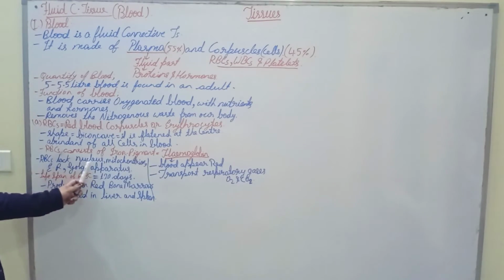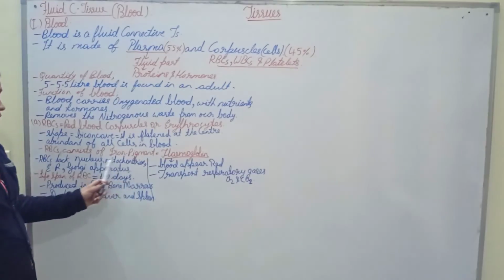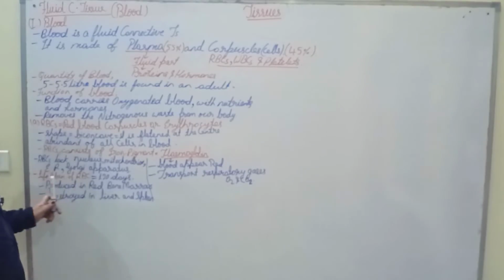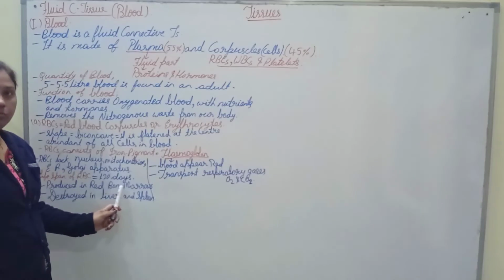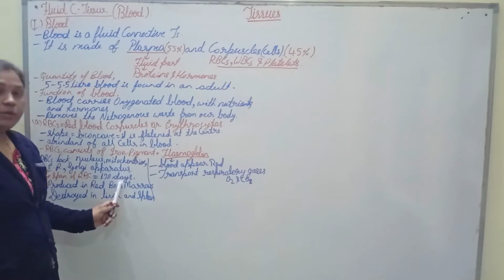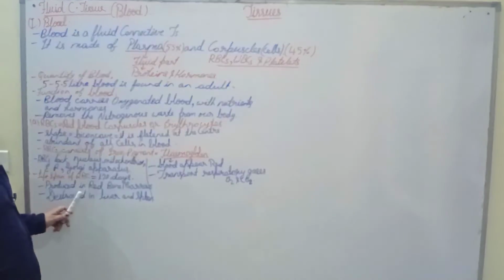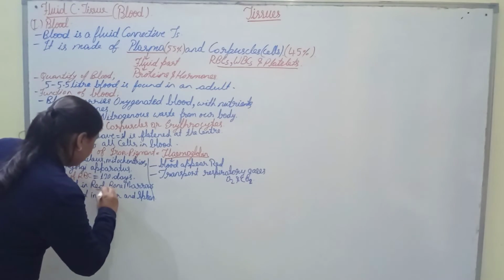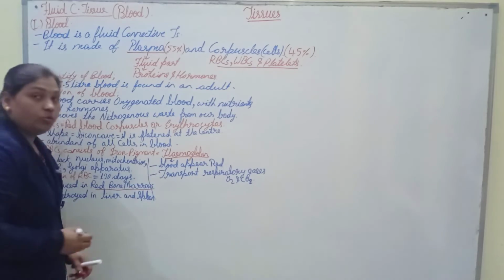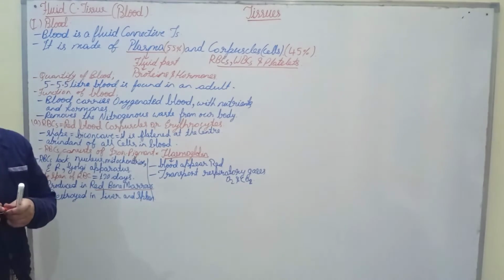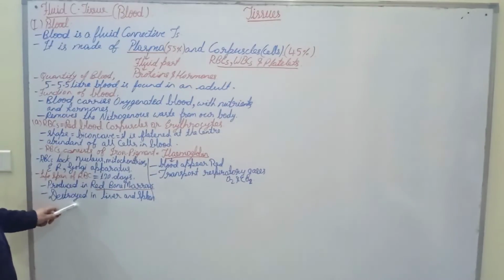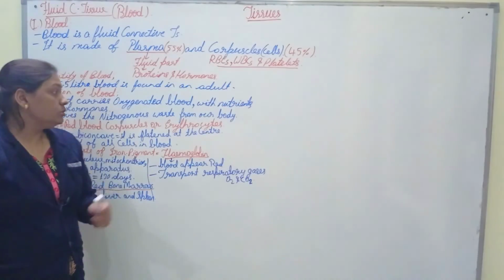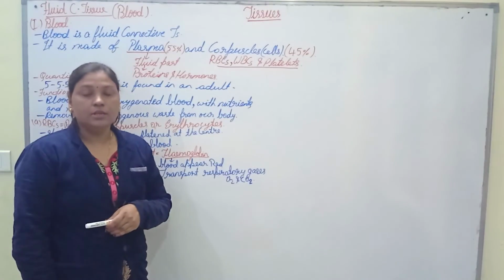This RBC lacks cell organelles like nucleus, mitochondrion, endoplasmic reticulum, and Golgi apparatus. The lifespan of RBC is approximately 120 days. These are produced in red bone marrow, the inner part of the bone, and destroyed in liver and spleen. So this is all about the red blood corpuscles.